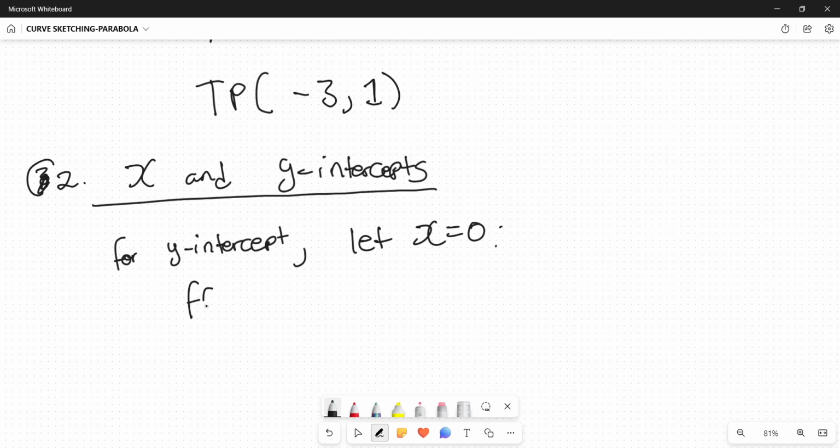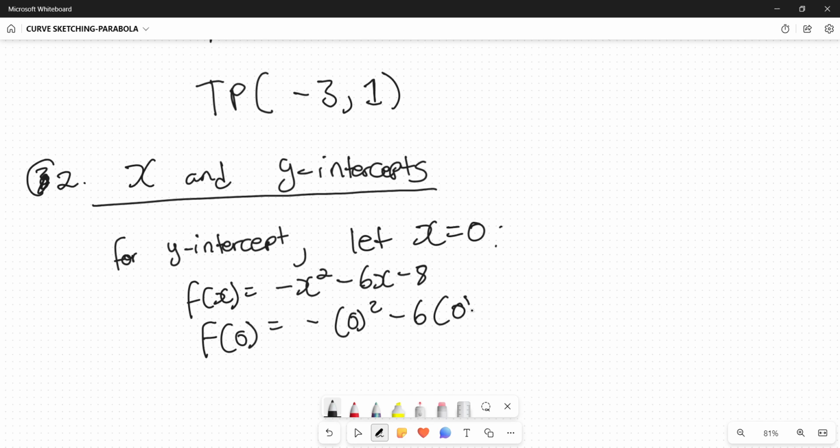Therefore, remember that our f of x equals to what? -x squared minus 6x minus 8. So now f of 0 will be equals to -0 squared minus 6 times 0 minus 8, which is equals to -8.